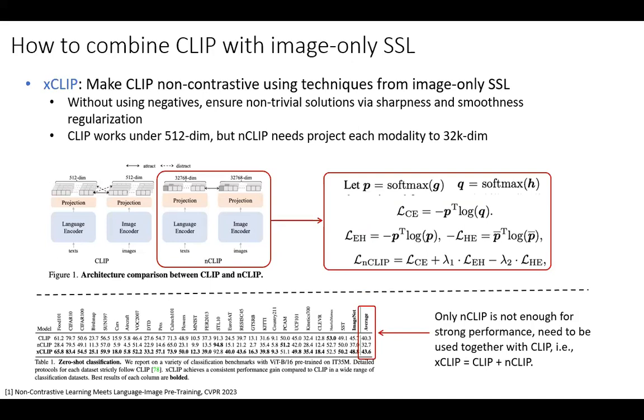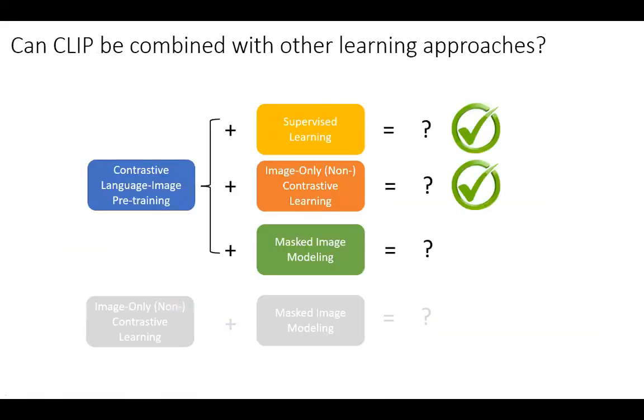So basically, the proposed X-CLIP in their paper is a combination of CLIP and unCLIP. It's like you are using an additional unCLIP as the regularization term to learn a better performance. Okay, and this is good, right? Since the message is also positive.